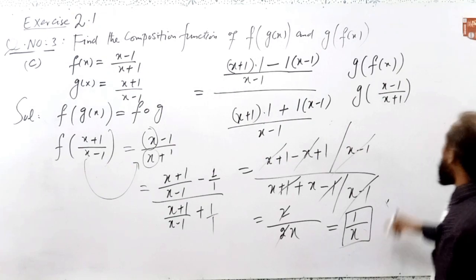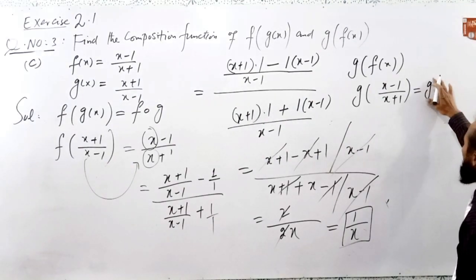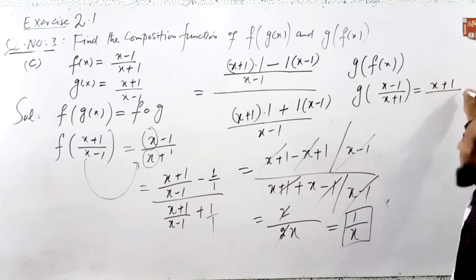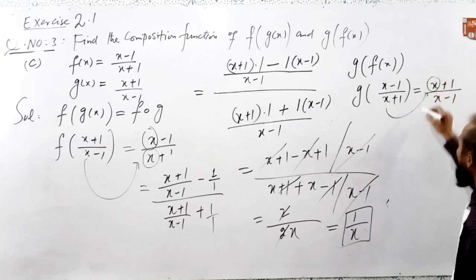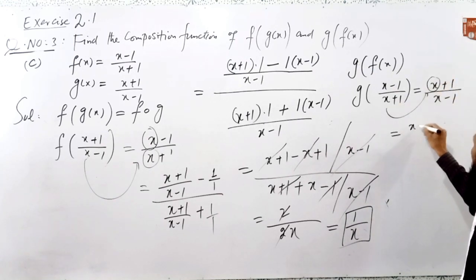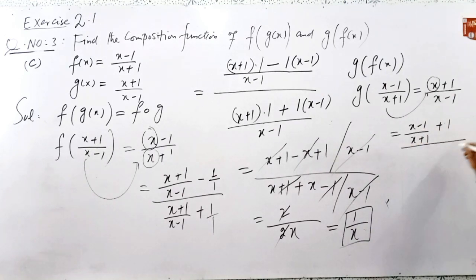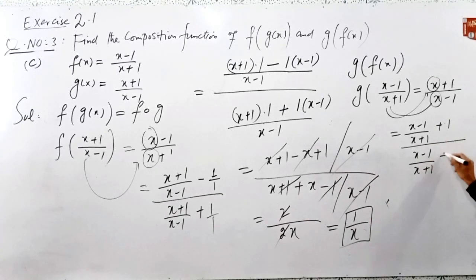So now g of x, if already x plus 1 function is given and x minus 1 is given, in the place of x we put this function. So x minus 1 divided by x plus 1 plus 1 divided by, similarly again we put in the place of this x, x minus 1 divided by x plus 1 plus 1.